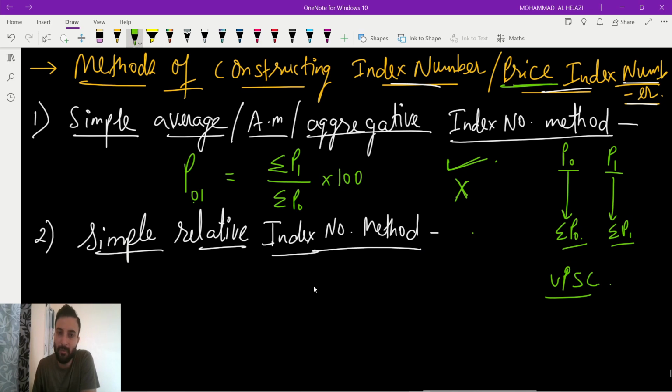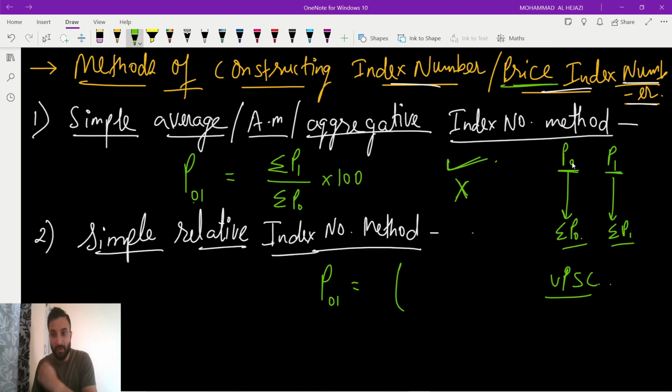Same guys, index number means price index number, so price means P, and the index number from 0 to 1 because we compare from the base year to the current year. Now very important: in the question they will give P1 and P0. P1 is the current year price, P0 is the base year price.